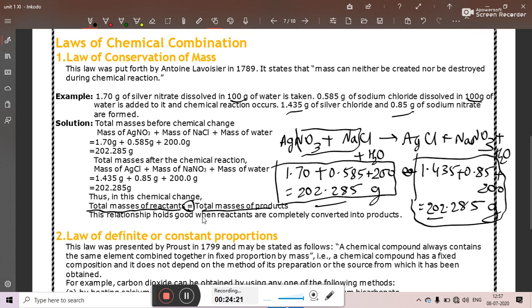That means the law of conservation of mass is obeyed. So this relationship holds good when reactants are completely converted into products. The law of conservation of mass is satisfied only if the whole reactant is converted into product.